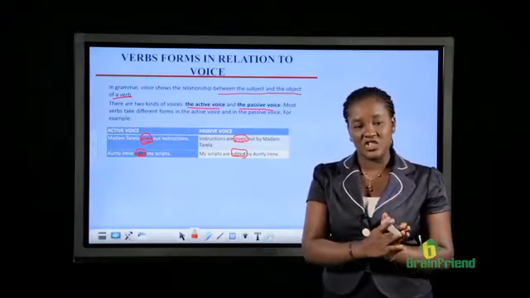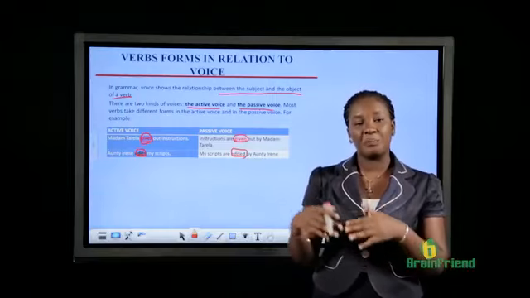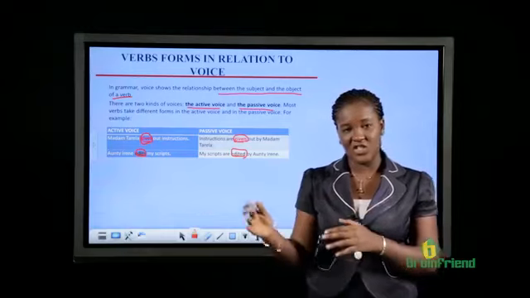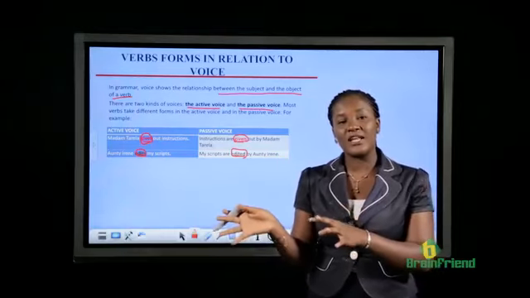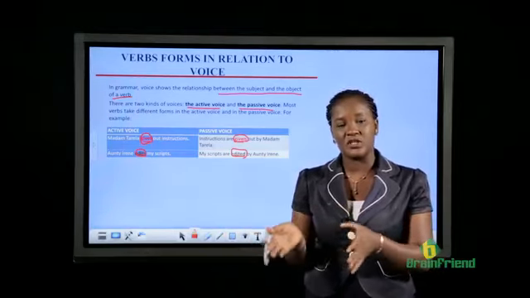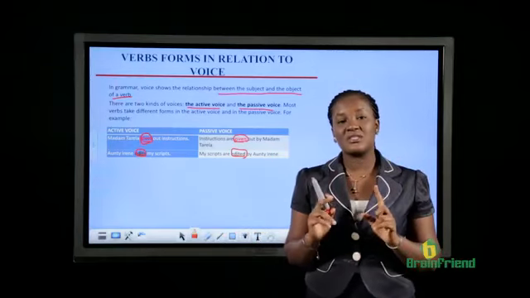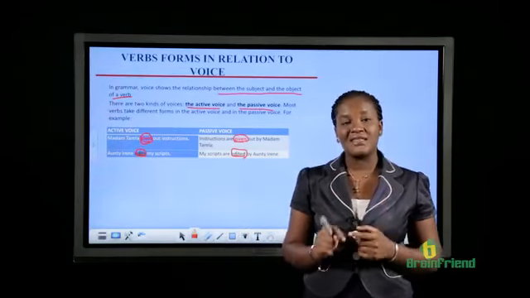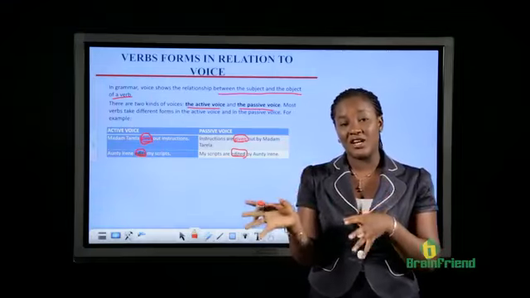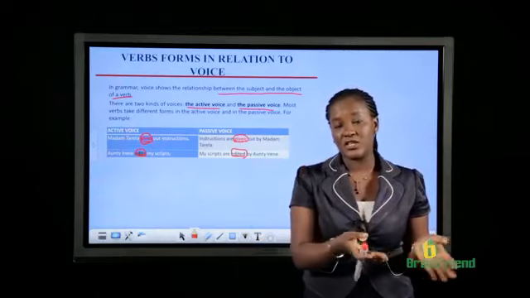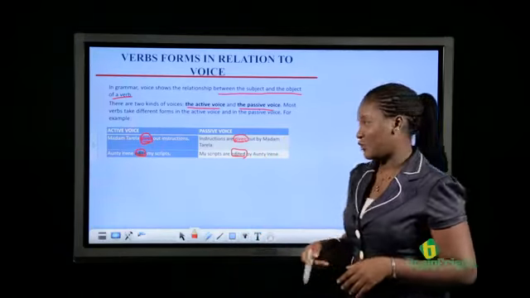When you change sentences from active voice to passive voice, you notice a change in the verb. The same thing goes when you're changing sentences from passive voice to active voice. The verbs change. So we must also take into consideration that the verb forms should agree with the particular voice you're writing in, either passive voice or active voice.